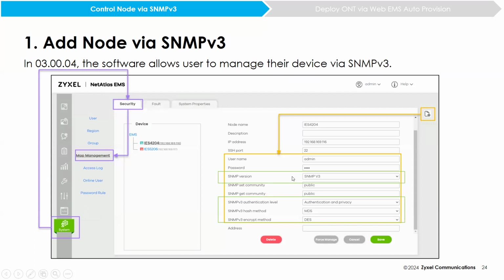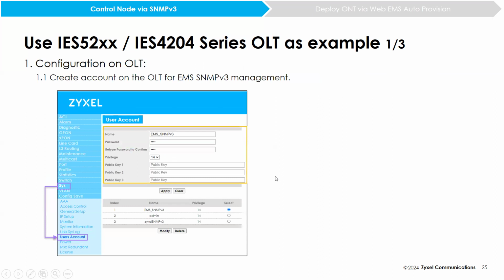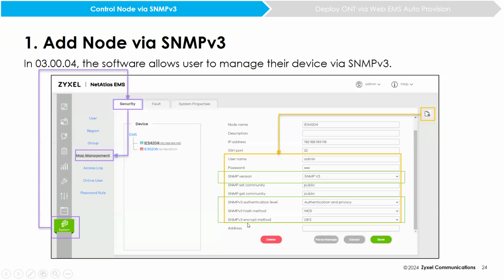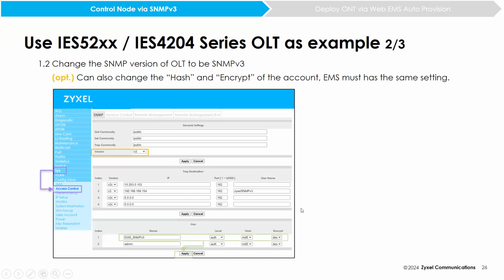Otherwise, the EMS system won't be able to manage the OLT devices. The other thing we need to make sure is that the hash method and the encrypt method we set for the account are the same ones we set on the EMS system. By default, the supported hash method and encrypt method on the EMS system are SHA and AES.